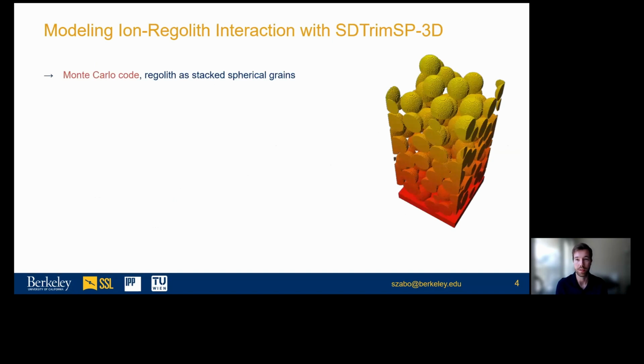Now, we have used the SDTrimSP-3D code, which is a Monte Carlo simulation program that essentially tracks the path of an ion through a solid and calculates a large sequence of interatomic collisions, assuming just binary collisions. So in contrast to MD, what we heard before, not all of the atoms are tracked at the same time, but at the high energies at which the solar wind impacts, this is a decent approximation and makes the simulation run much faster.